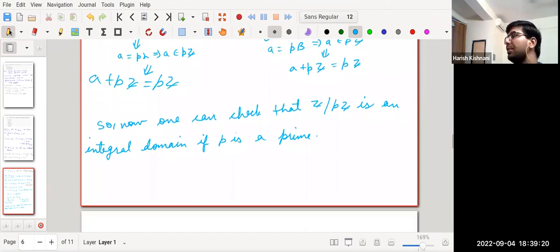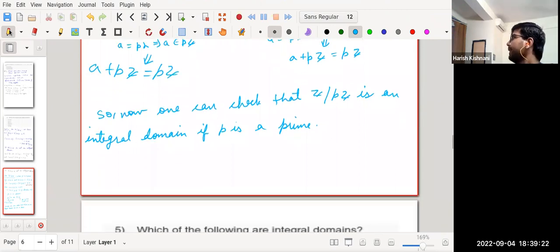What happens when p is a composite number? Say a and b are two numbers which divide p, and a and b are not identity. Then you can write p as a times b, which means that you can write the coset pZ as a plus pZ times b plus pZ.